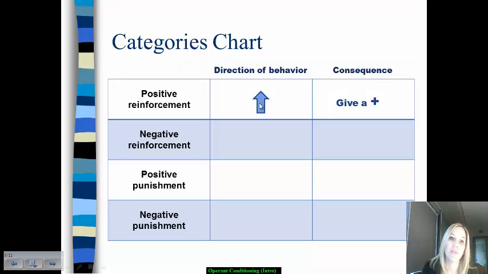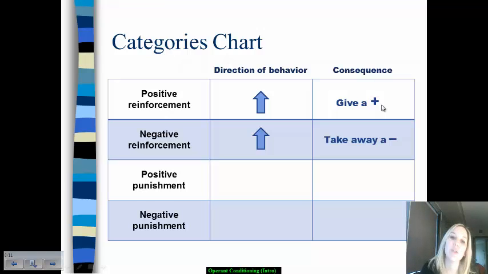So positive reinforcement is adding, so plus a plus. That's it. You're adding a positive. Negative reinforcement, as I said, they're going to increase a behavior, but it's because you're taking away a negative experience or consequence. Okay, so you're removing that. Think back to the chapstick and the gum and the Advil.